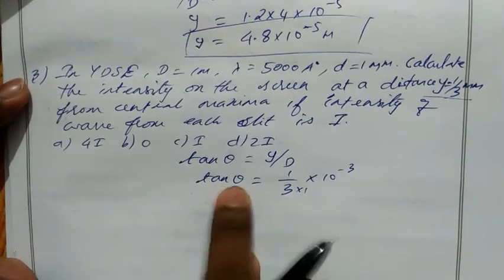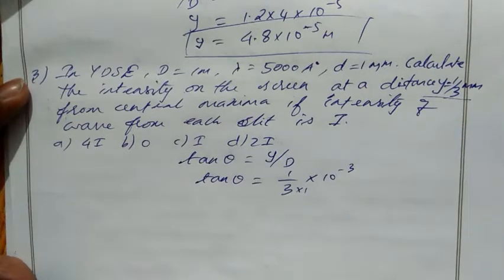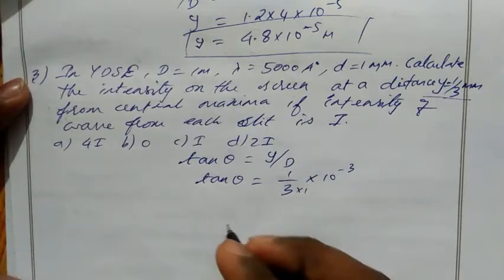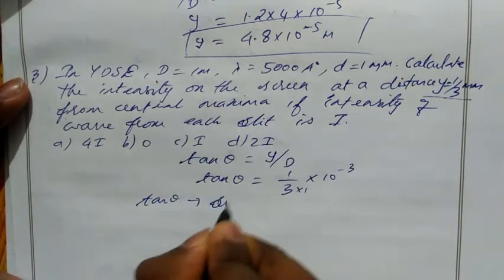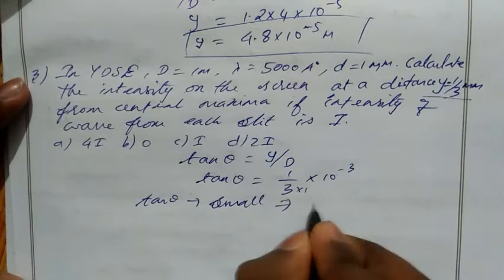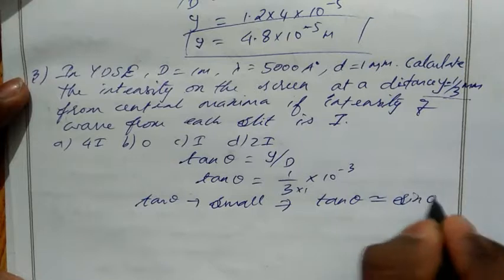So tan theta is very small, 1 by 3 is 0.33, multiplied with 10 power minus 3, we have 0.000333. So we can take tan theta as small, so tan theta is nearly equal to sin theta.